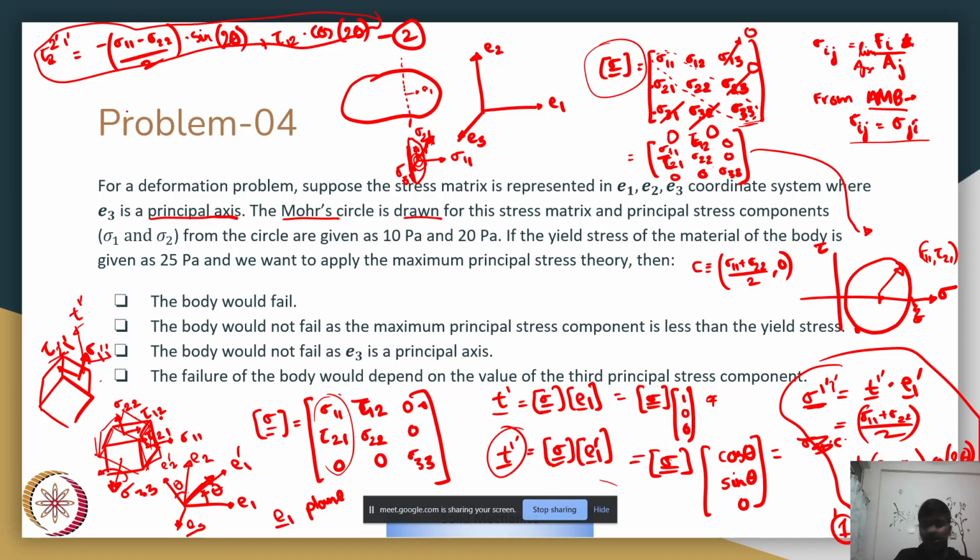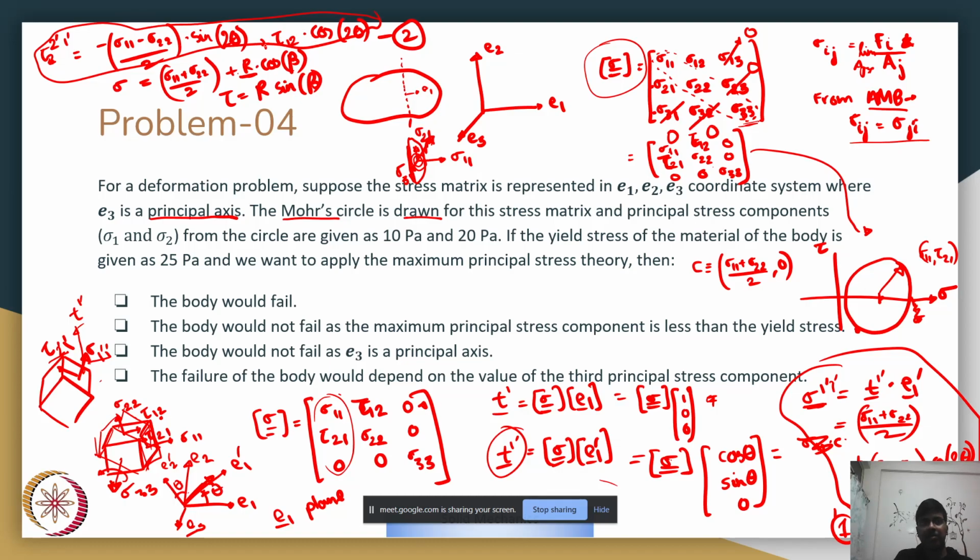where my normal stress would be sigma 11 plus sigma 22 by 2 plus r cos of some beta, and tau is equal to r sine of beta. Now this radius is basically root of a squared plus b squared, which is sigma 11 minus sigma 22 by 2 whole squared plus tau 12 whole squared.